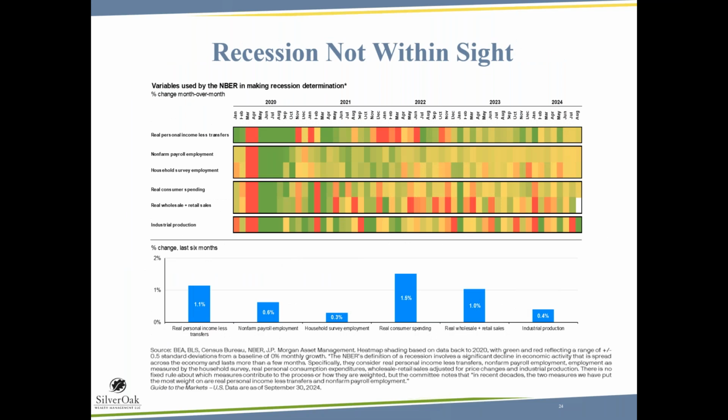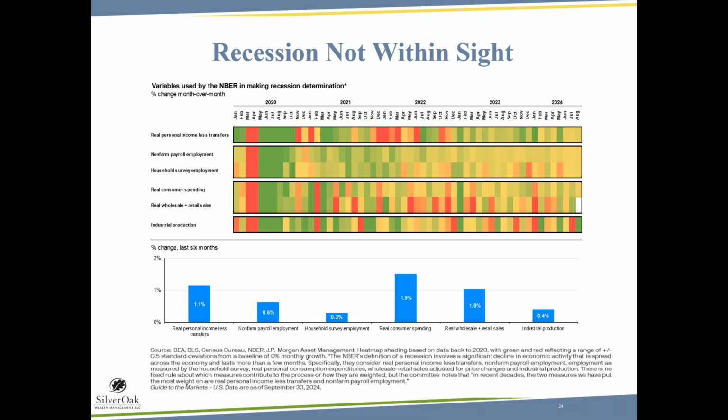So we really don't see a sign of recession, do we? Right. The National Bureau of Economic Research calls recessions. These are the 6 factors that they look at, and they need to see widespread weakness for several quarters. What we're looking at is still positive numbers.